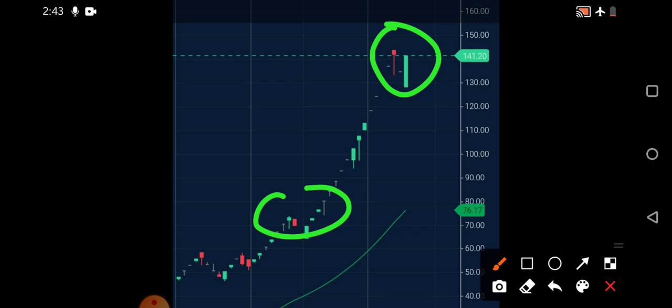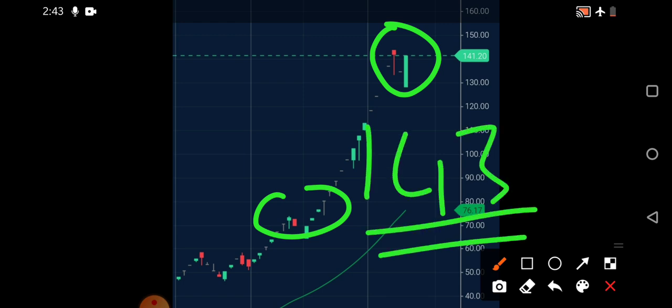The next day itself we have seen a direct lower circuit, and today again a sharp reversal in the stock. So the 143 rupees level is going to be very important. If it closes above that region, then the first target would be somewhere around 150 plus, the second target obviously 175, followed by 200. These can be the near term levels. The only thing is that zone should break out, then we can expect these targets.